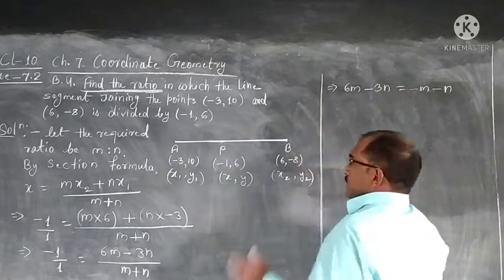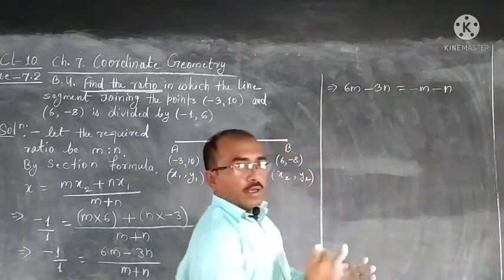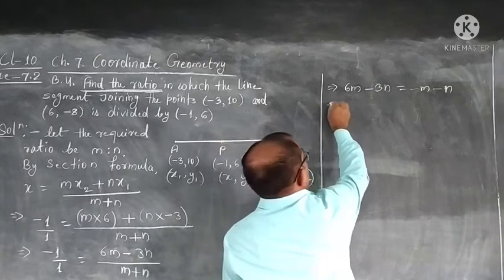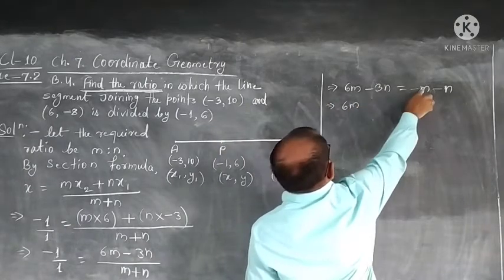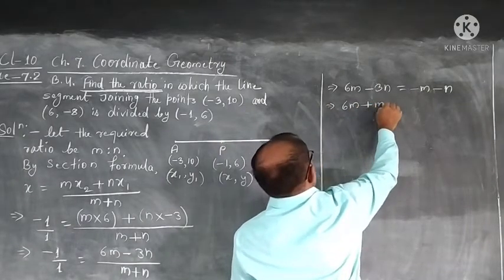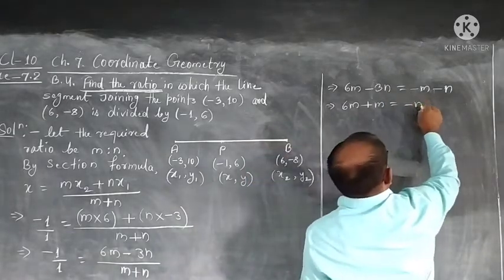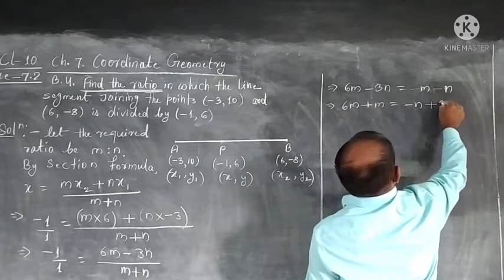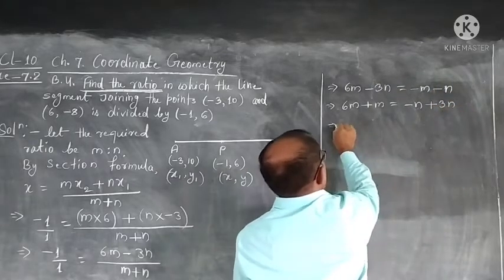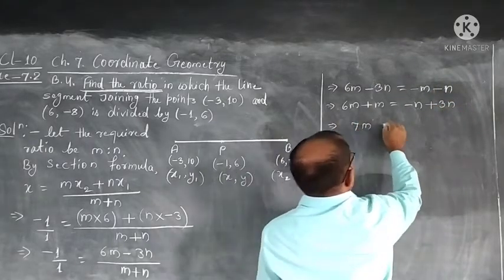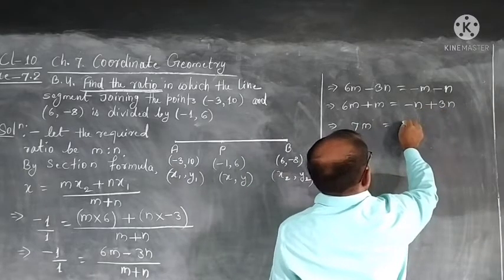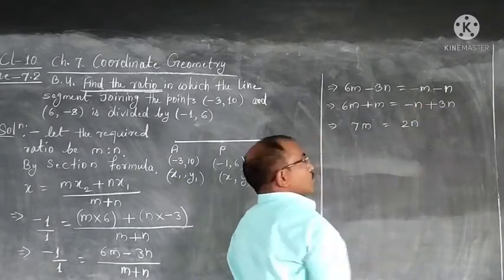M we will bring together, n we will take together in LHS and RHS. So, 6m is here, another m we bring from RHS to LHS, it will change sign, plus. We get here minus n, 3n will come, change the sign, plus 3n. We get 6 plus 1, 7m is equal to 3n minus n, 2n.